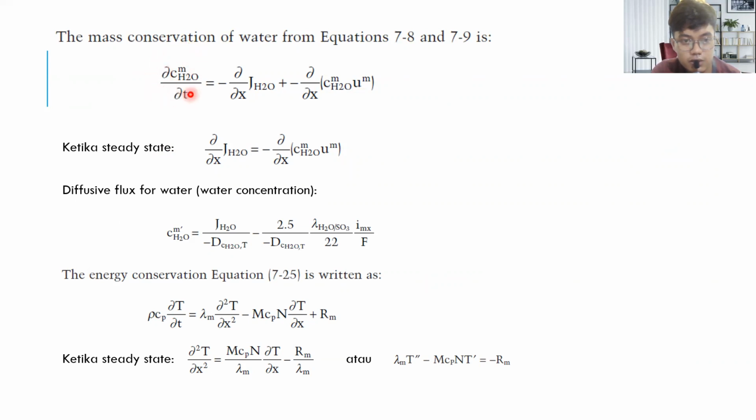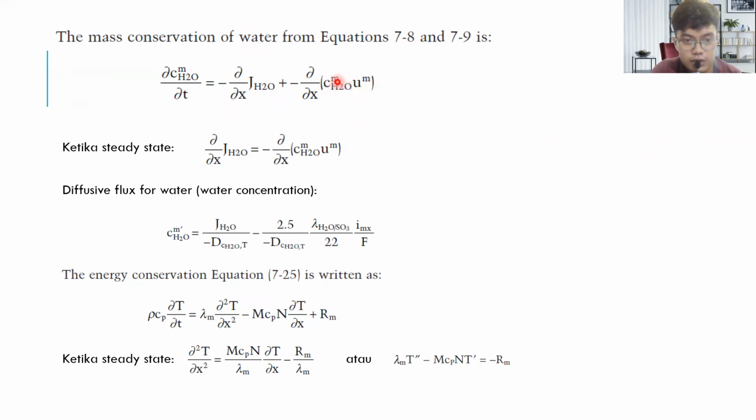Okay, so this is the change of water concentration over time, equal to minus d per dx of the differential function of J H2O, minus d per dx of the concentration of the water multiplied by U.